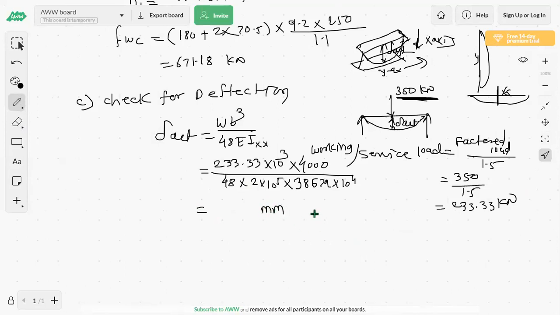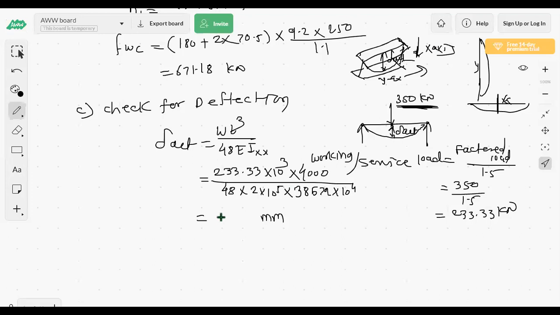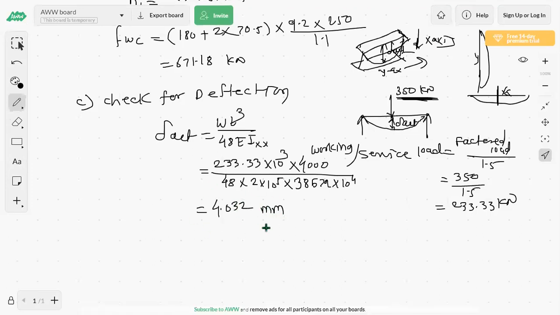In mm, this value will get in mm, because here Newton everything will cancel and we will get this value delta actual in mm. 4.032 mm is the actual deflection due to this 233.33 kilonewton load. Are you getting everyone? या 233 kilonewton load मुळे सर्व्हिस लोड मुळे delta actual displacement of this beam is 4.0342 mm.